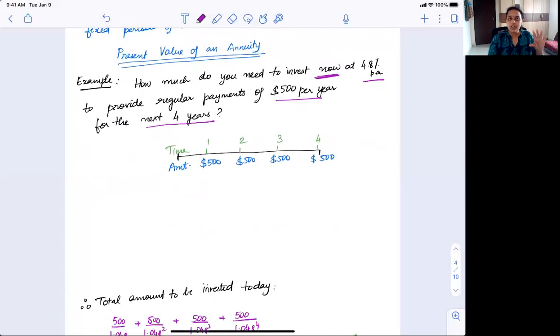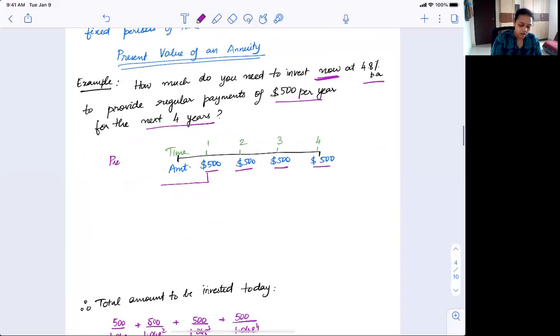And I'm just using the same principles that we saw in the total present value example, except that now the amounts are all just the same. Instead of A1, A2, A3, AN, I just have one A. Okay, so to be able to pay 500 in 1 year from now, the present value of that 500 is given by 500 divided by 1.048, or this is nothing but 500 divided by (1 plus 0.048), because R is 4.8%.